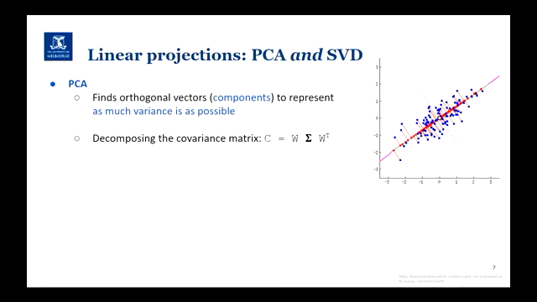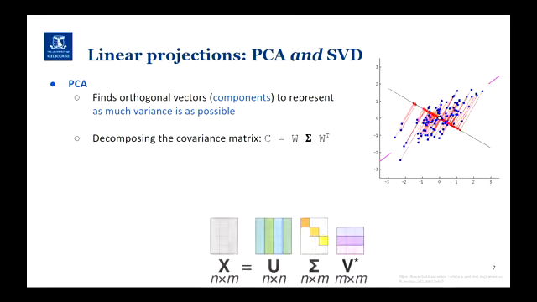PCA is then calculated by decomposing our covariance matrix C into eigenvectors and eigenvalues, which are ordered by importance, or by how much variance is explained. Alternatively, we can use a sister technique called SVD, singular value decomposition, which is more efficient. Why is SVD more efficient than PCA?